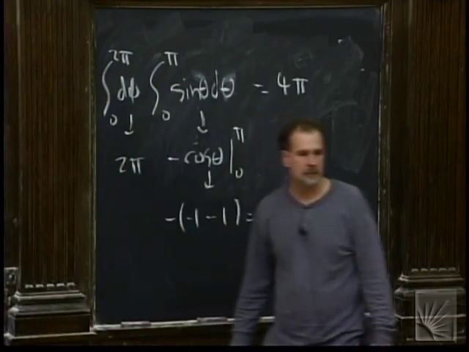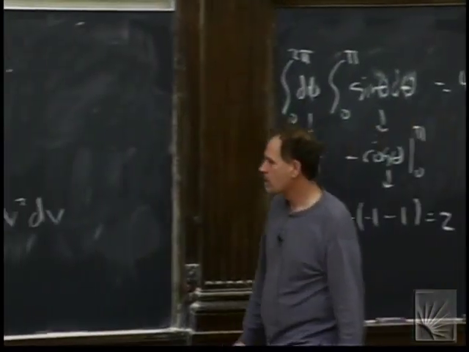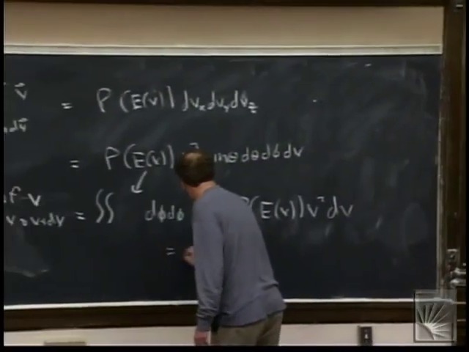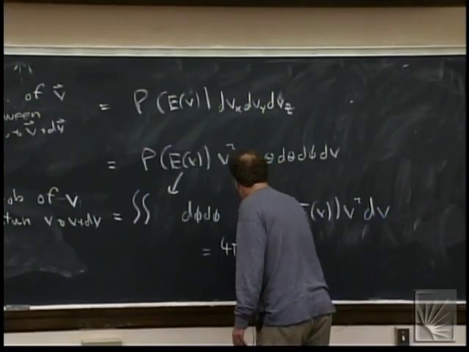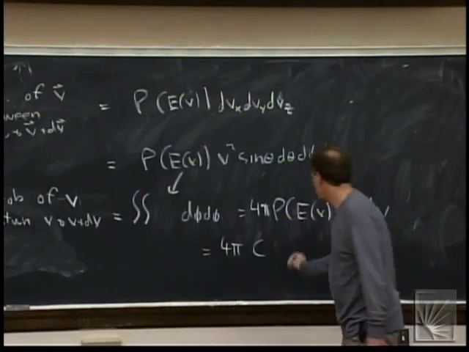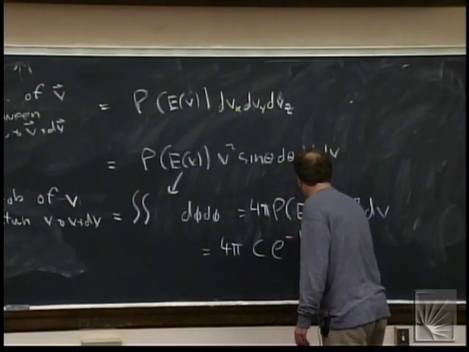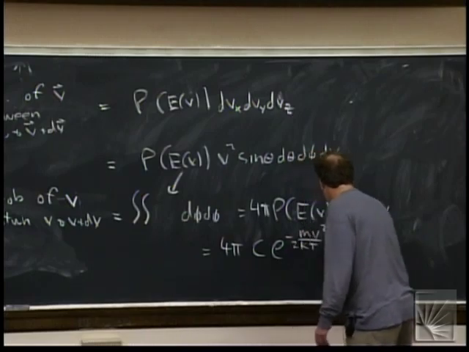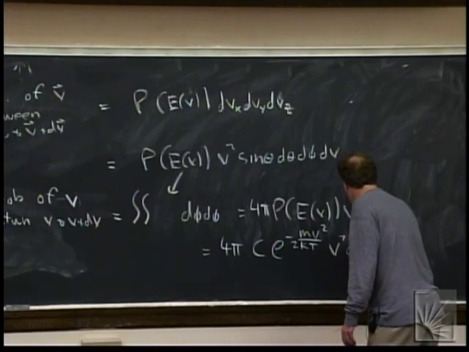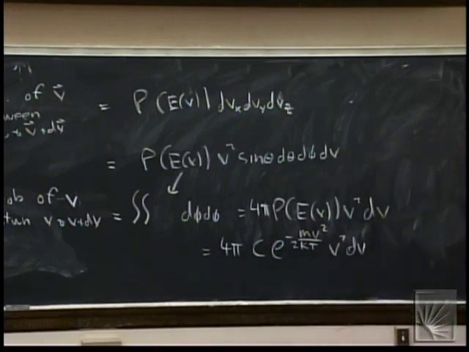Okay? Which is 4 pi c e to the minus mv squared over 2kT, v squared dv. I'm almost done. You may start to recognize this if you've seen the Maxwell-Boltzmann distribution.